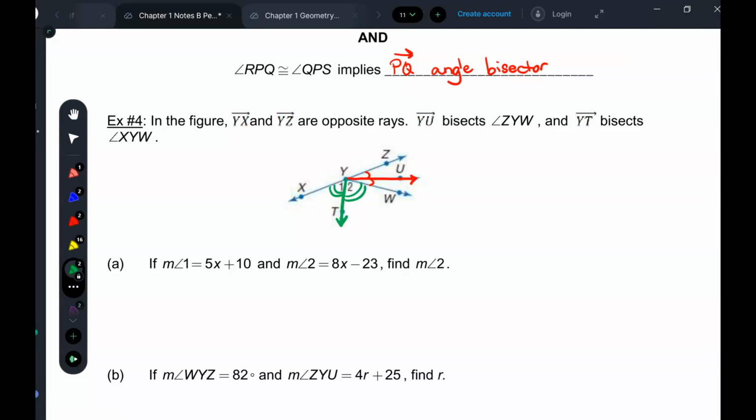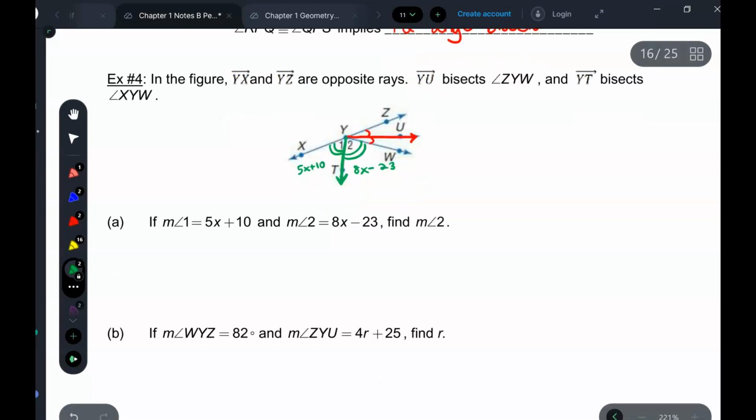Okay, let's take a look at this information. The measure of angle 1 is 5x plus 10, and the measure of angle 2 equals 8x minus 23. If they're congruent, they're equal. So 5x plus 10 equals 8x minus 23. Remember those markings mean that they're equal to each other.